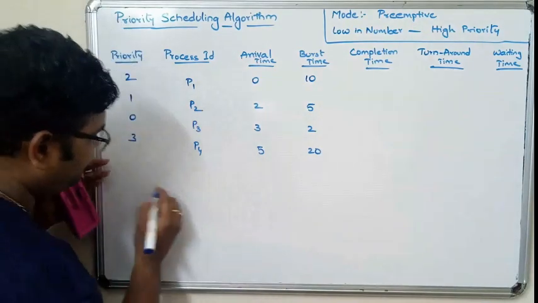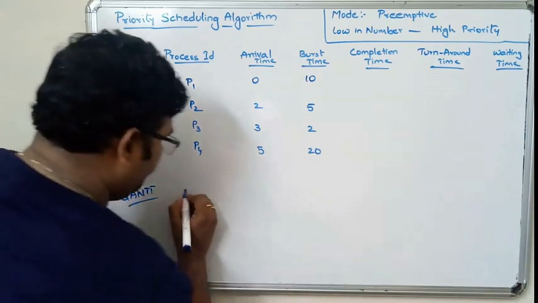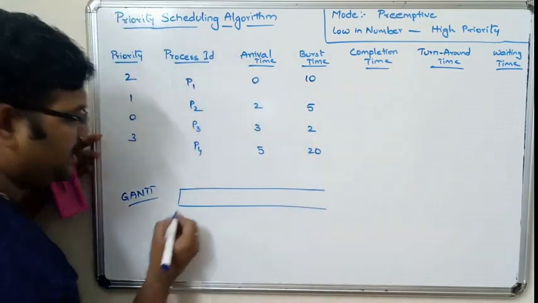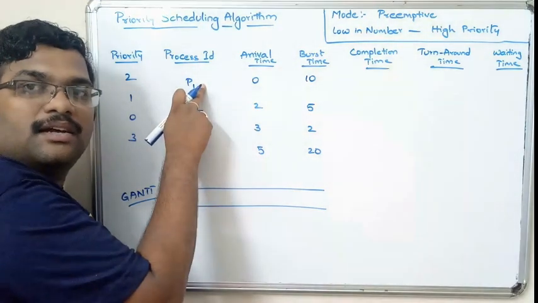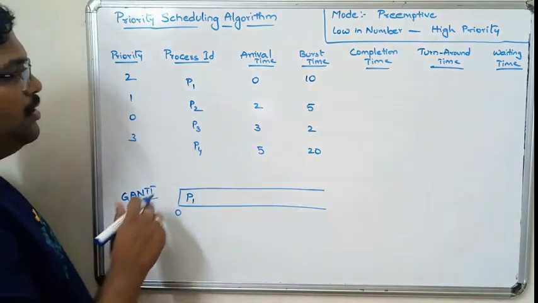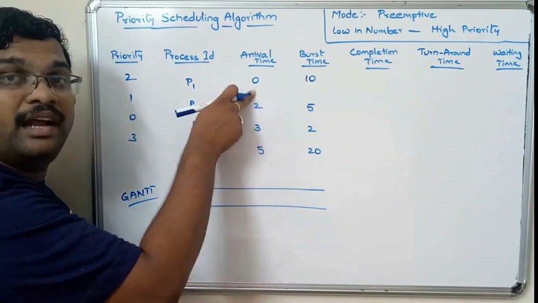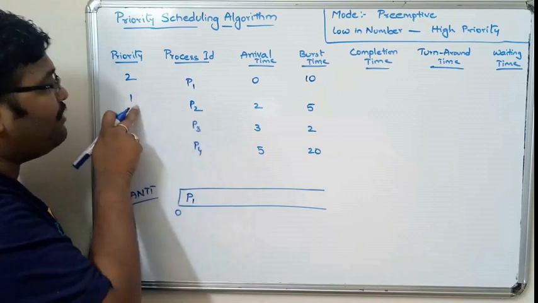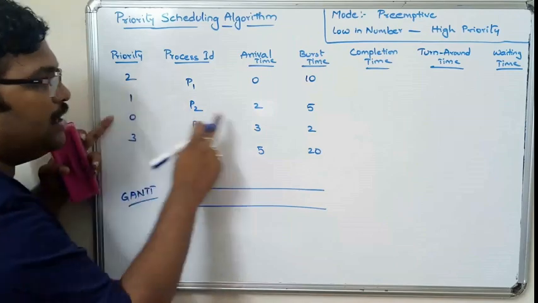Now let us prepare the Gantt chart. See, at the arrival time 0, only one process is available in ready queue, so P1 is allocated to CPU. So at time 1, no other process had entered. Okay, don't get confused.